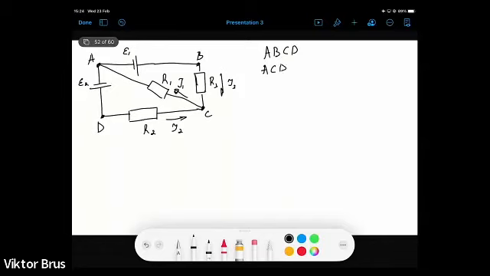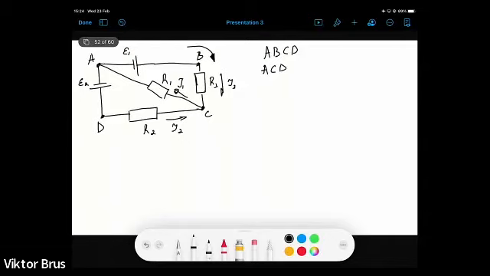For the first loop, A, B, C, D, we will choose the clockwise direction. That will be our direction of the loop. The direction of the loop is important because that will define which of the potential differences will be considered as positive and which negative.